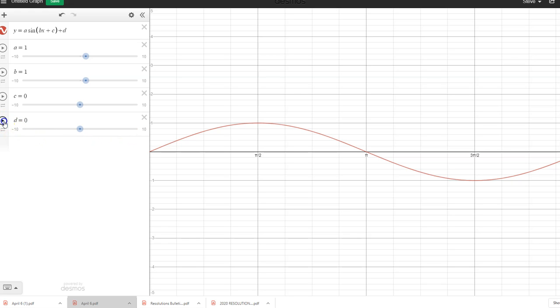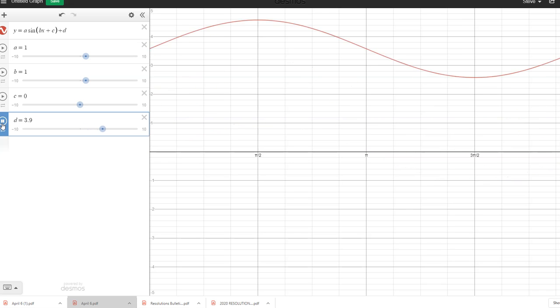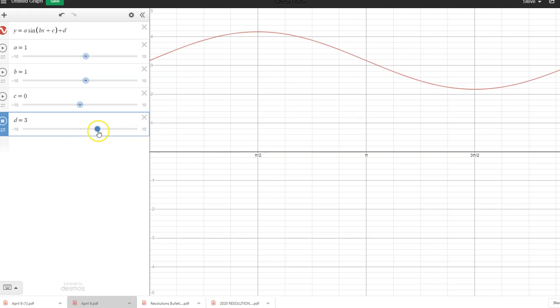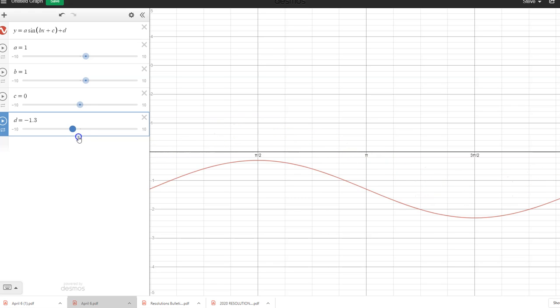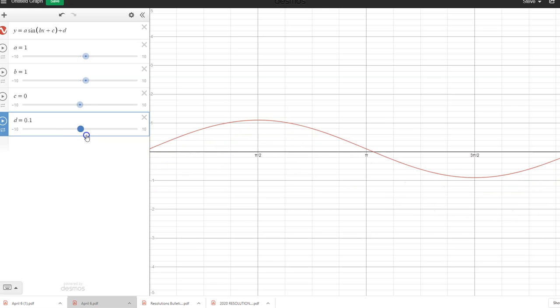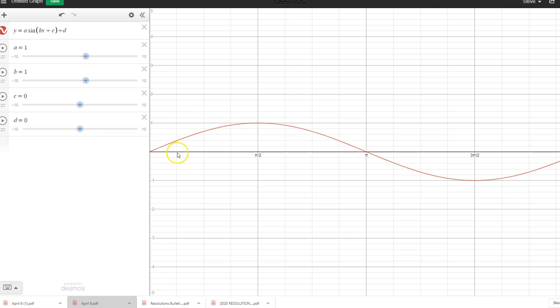So I'm just going to hit play on D and say, what is D doing? Well, the shape of the curve hasn't changed. So what the D value is doing is moving it up or down. It's basically taking the middle. So right there, that's the middle line.